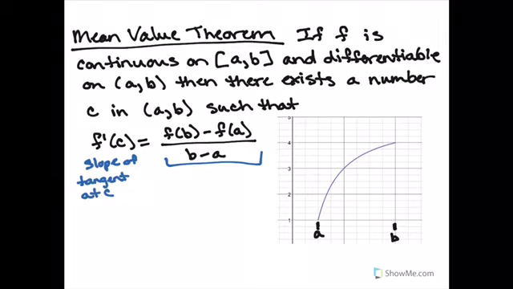So if I draw that line here, I'm not doing a very good job, but that's a secant line, right? A secant line is a line that passes through a curve at two different points. So we're saying there's going to be a slope of a tangent line somewhere in between A and B that is equal to the slope of that secant line.